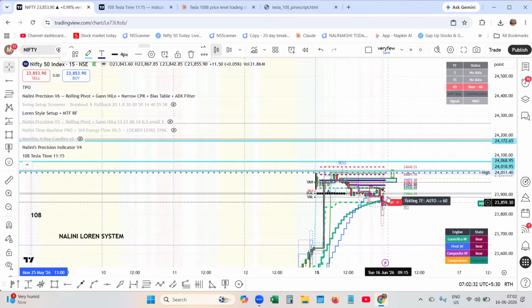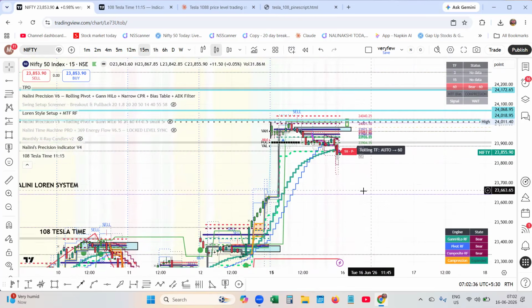Whether it will be this week, today is weekly expiry day, and the market may not go straight up around this Tesla zone.